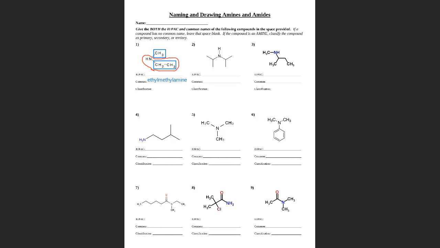I'm going to call it N. So in this case, the IUPAC name for this would be N-methyl ethan, and then the ending would still be amine, ethanamine. So N-methyl ethanamine or ethyl methylamine. In either case, no spaces.